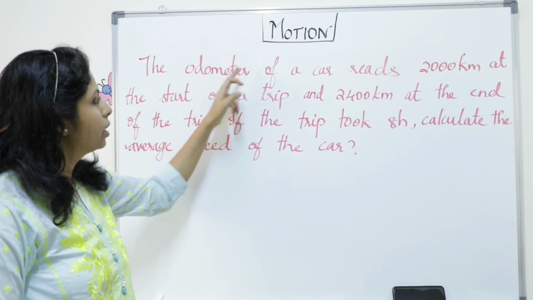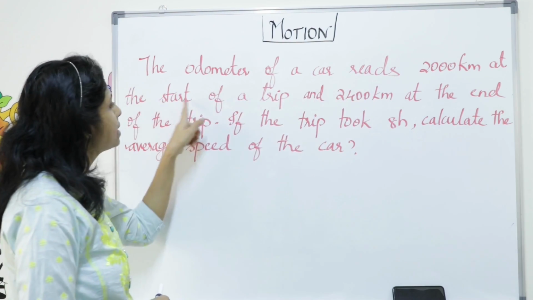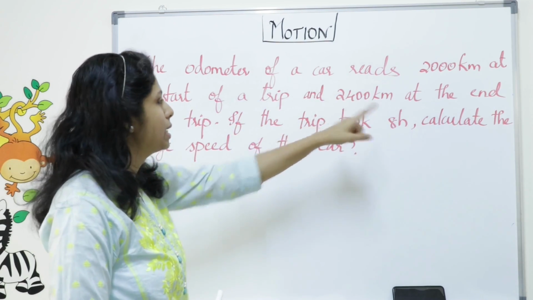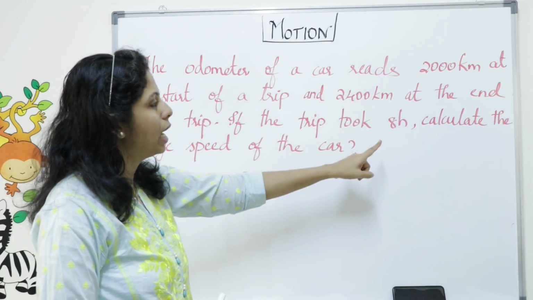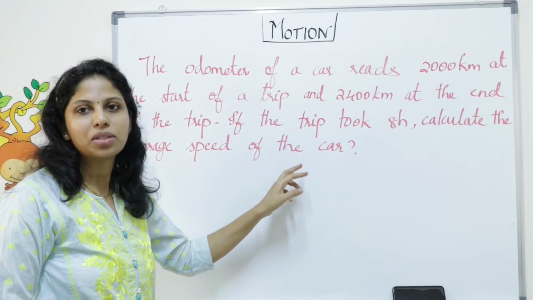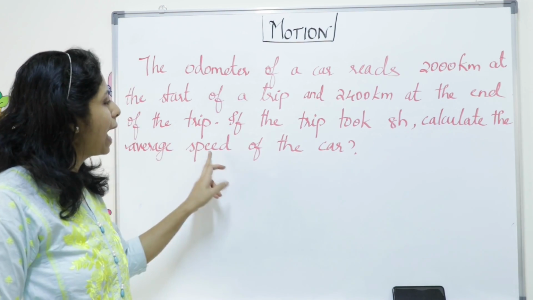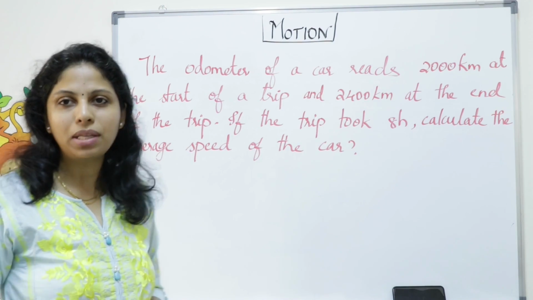The odometer of a car reads 2000 kilometers at the start of a trip and 2400 kilometers at the end of the trip. If the trip took 8 hours, calculate the average speed of the car. So in this question, we have to calculate the average speed of the car. Now, what is odometer?